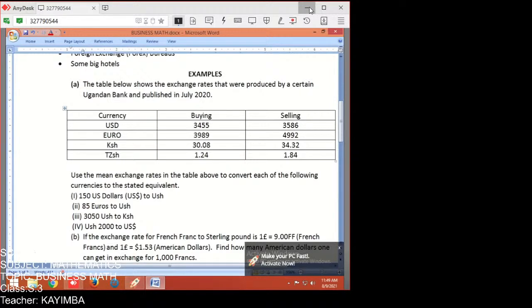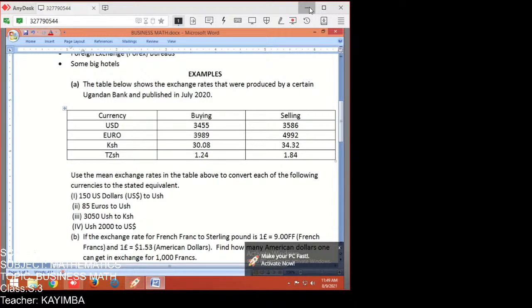So you use the chat room very well. If you have any question, if you have anything that you want to put across, there is Haira who has said that I should explain more about depreciation and appreciation. Now I said that for depreciation, it means that the value of a commodity or a property in question is going to reduce.